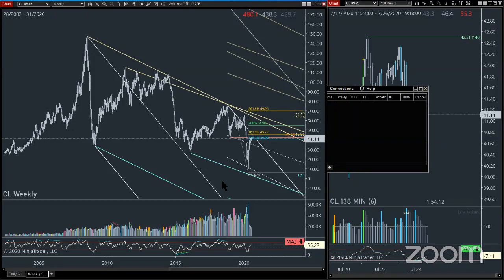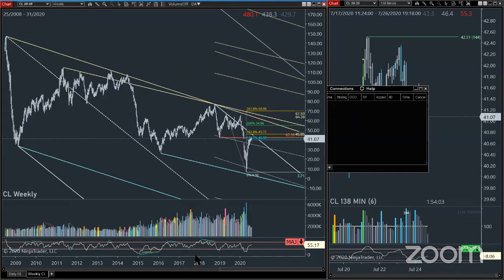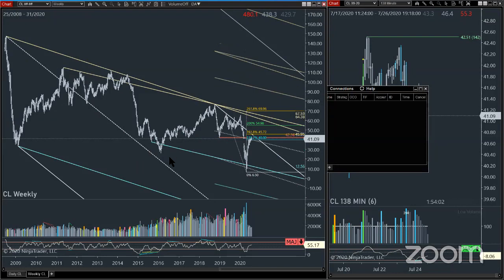I had no idea that it was going to go down as far and as fast as it would. And actually, I was using this low back here. So I was expecting to go down to like, I think it was just above 10.